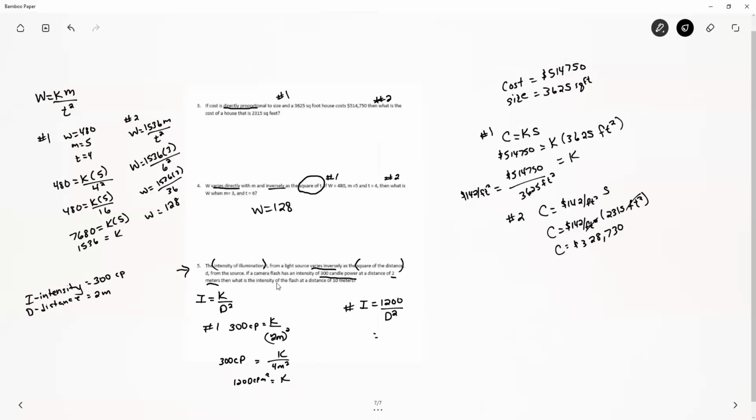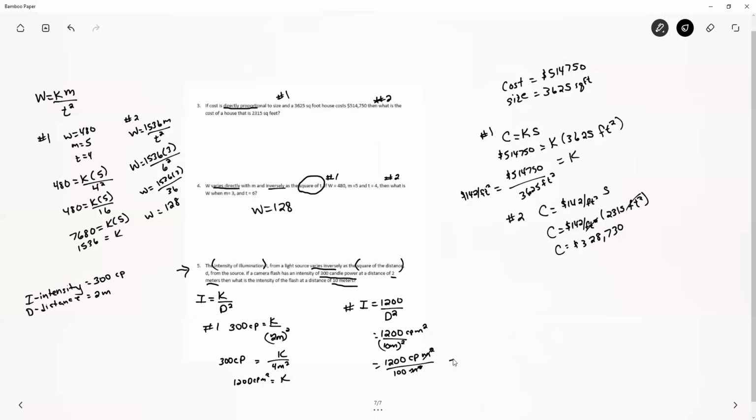All right, what is the intensity of the flash at a distance of 10 meters? So 10 meters here, so 1,200 divided by 10 meters squared. So remember, this is candle power meters squared over 10 squared, which is 100 meters squared.